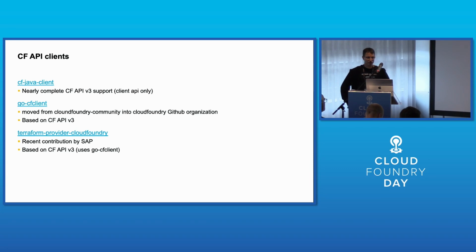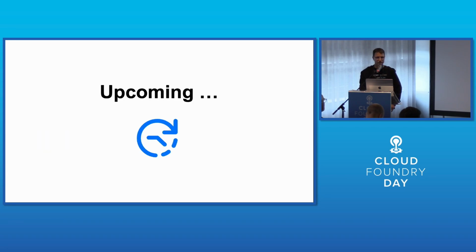There's a new Go client that moved from the Cloud Foundry community into the real Cloud Foundry GitHub organization. It's also based completely on CF API v3, so that's good news. And recently, a Terraform provider for Cloud Foundry was contributed by SAP, which is also based completely on CF API v3 and uses this Go CF client library.